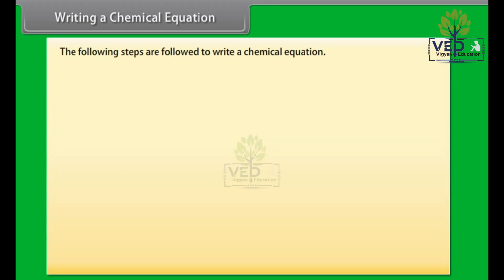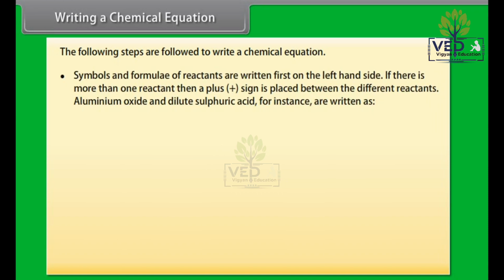The following steps are followed to write a chemical equation. Symbols and formulae of reactants are written first on the left-hand side. If there is more than one reactant, then a plus sign is placed between the different reactants. Aluminium oxide and dilute sulfuric acid, for instance, are written as Al2O3 plus H2SO4.